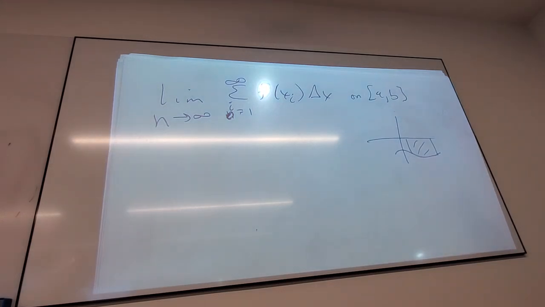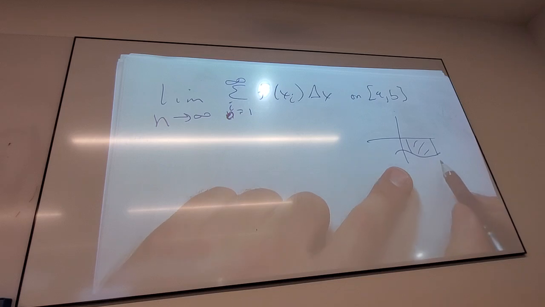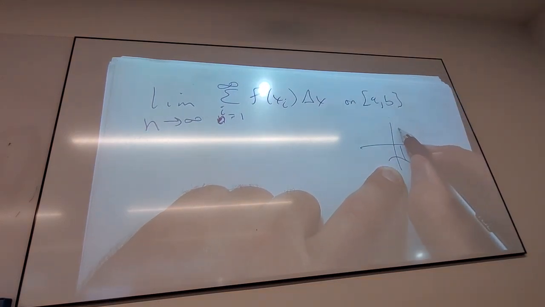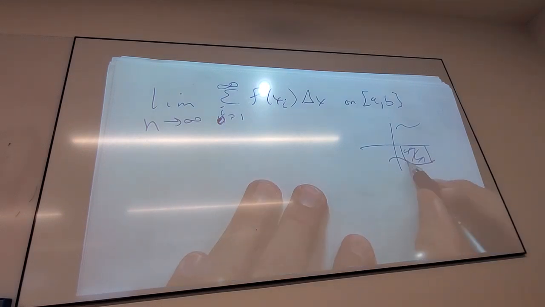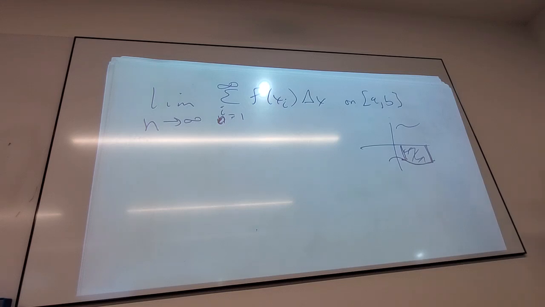Which is actually absolutely fine. It is fine to have negative area because this area means something physical. If it's up here, that could mean profit coming to me. If it's down here, that could mean profit going away from me, like I'm paying money. So if my entire function is down here and I get the area, that could represent the entire amount of money I lost. It's negative because I lost money.